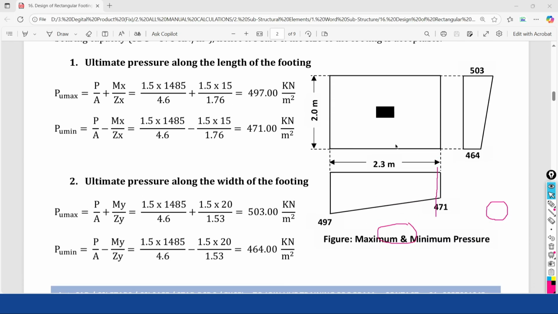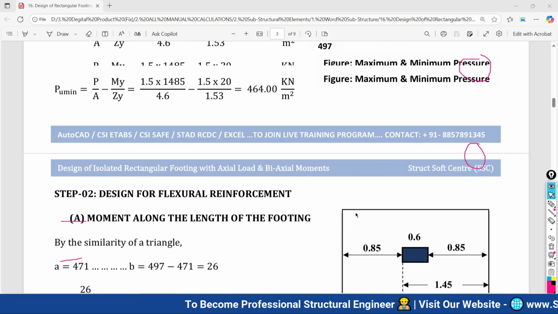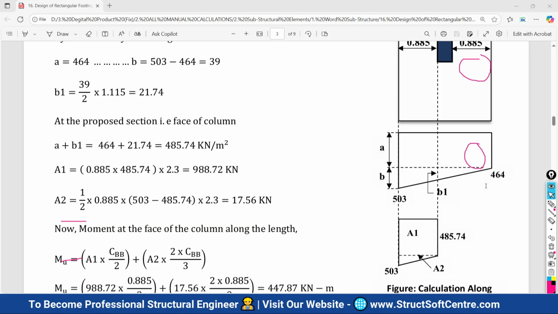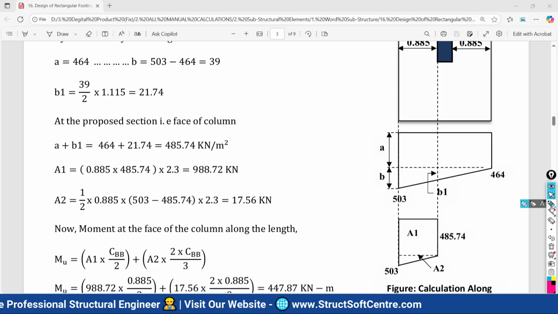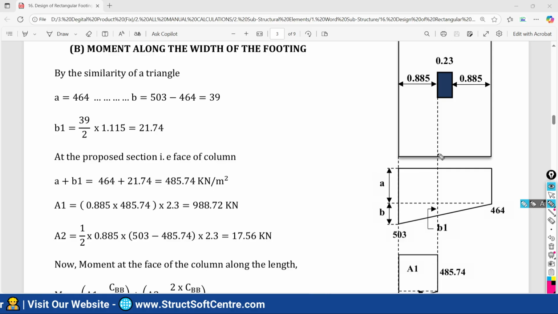If you look here, we already have calculated the maximum pressure and minimum pressure as the ultimate values along the width, 503 and 464. So the same values we are going to put here as 503 and 464. Our intention is to calculate the intensity of the pressure at the face of the column.